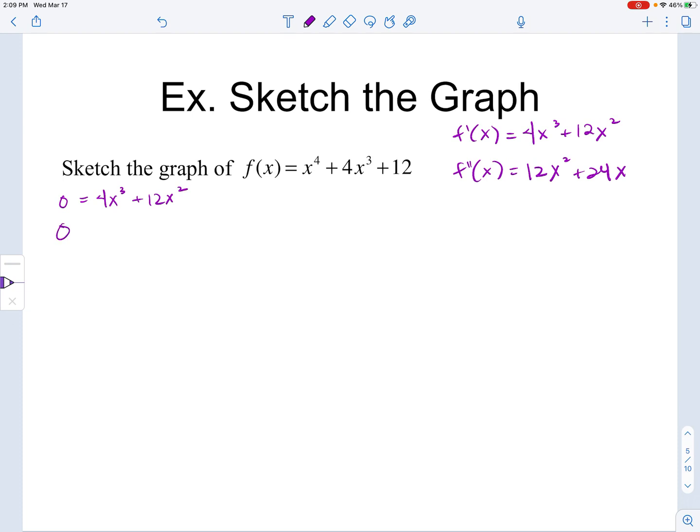And then I want to set the first derivative equal to 0 to identify critical values. And I can factor out a 4x squared, the GCF of those two terms. So I can see that the critical values would be 0 and -3.